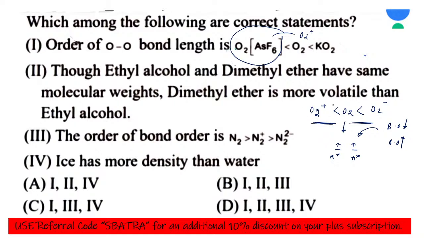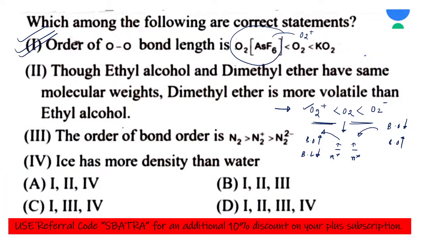If you are removing one electron from antibonding, you are increasing the bond order and decreasing the bond length. So yes, this order is definitely correct: O2 positive, O2 and O2 negative. That means option A is absolutely correct.